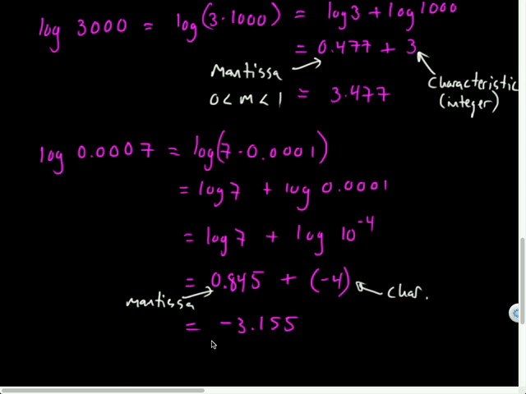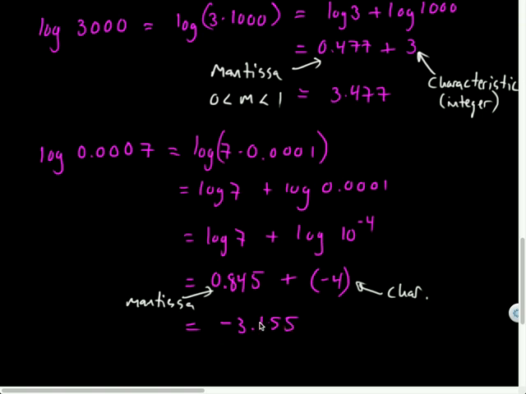Yeah, I just wrote it as 0.845 minus 4. You wrote it as 0.845 minus 4? Yes, okay, yep, that would be fine as well. So I want to point out that the characteristic was not -3, and the mantissa was not 0.155.